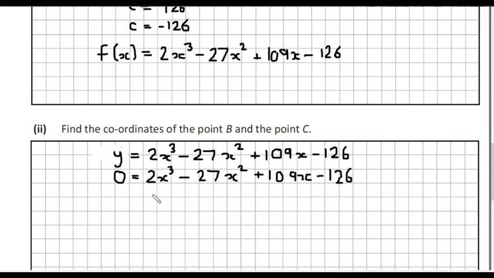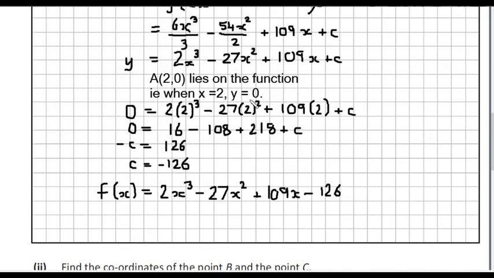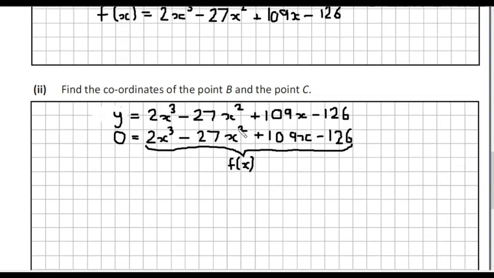So what I'll do here, I'm going to let this side of the equation be f of x. Now, we know from earlier that when x is 2, y is 0, or f of 2 equals 0 in other words. So from earlier, we know that f of 2 is equal to 0.